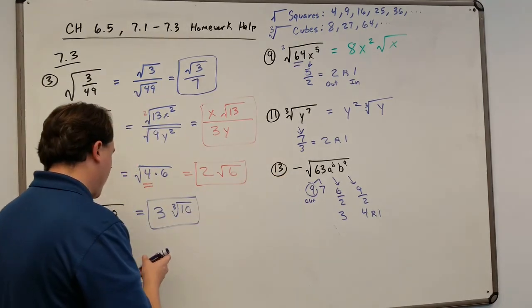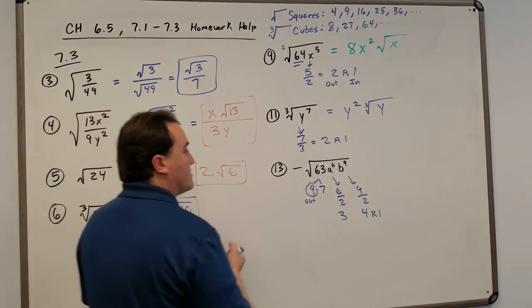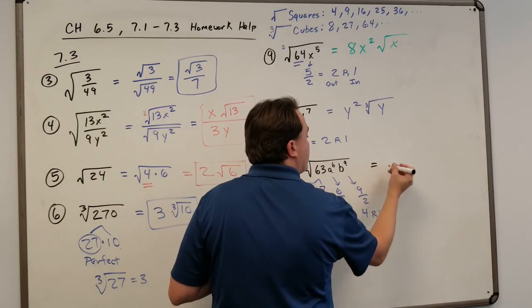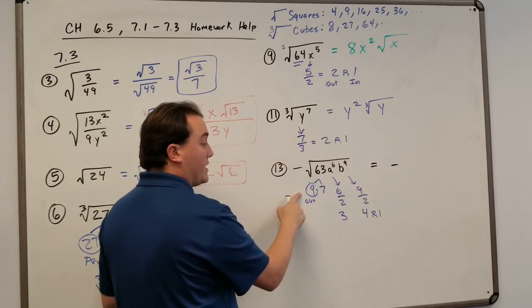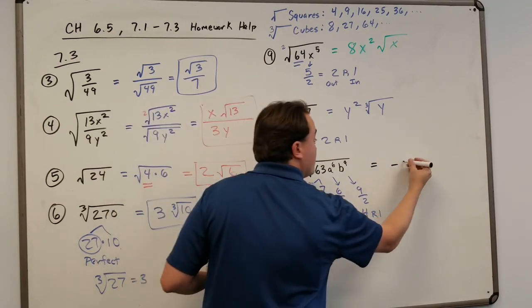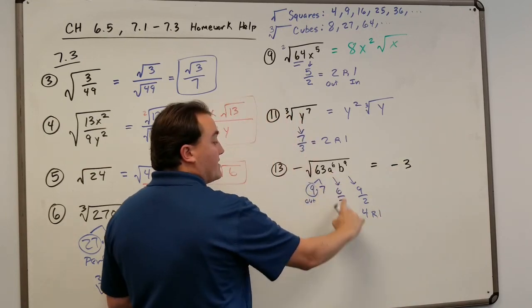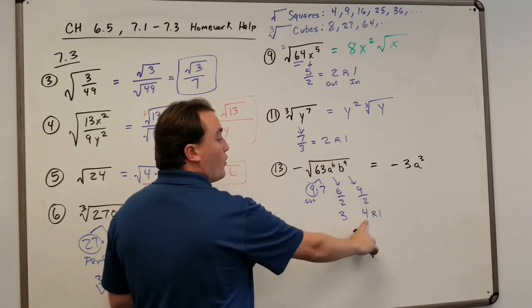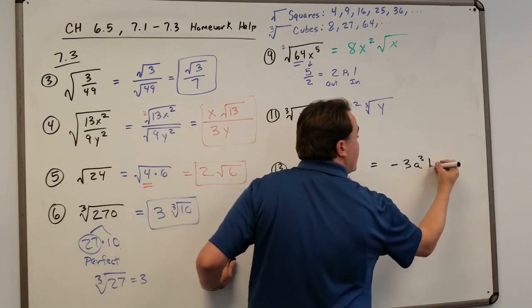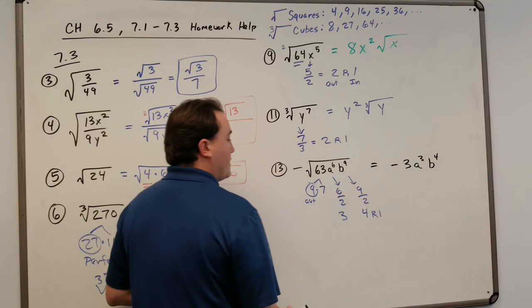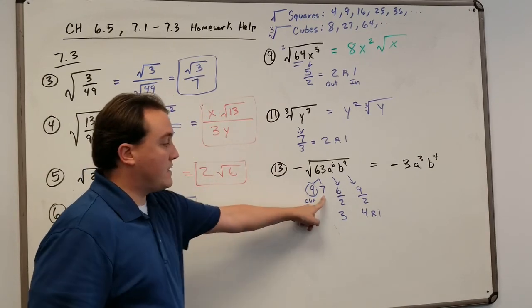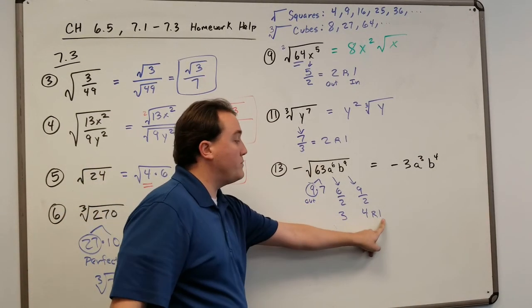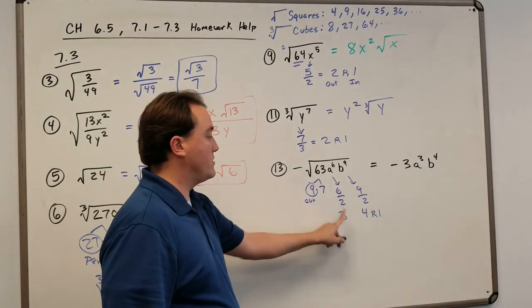It doesn't really do anything. The answer is negative square root of 9 is 3. 3 a's come out, so a cubed. 4 b's come out, b to the 4th. And then we have our remainders. The 7 stays in, and 1 b stays in. There's no remainder for a here. So square root of 7b.